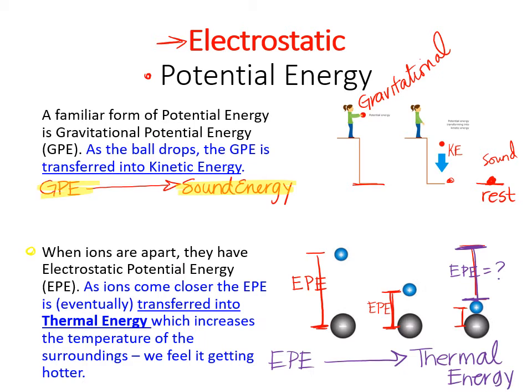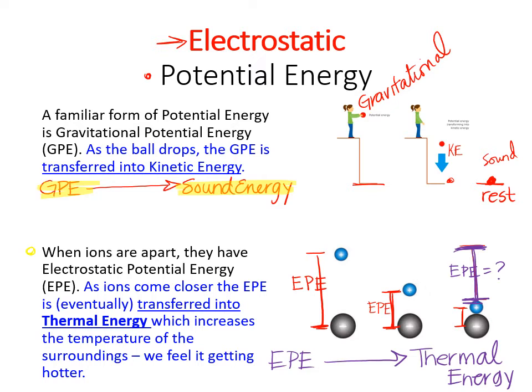And just like it sounds, it has everything to do with temperature. It released all of this energy into thermal energy and raised the temperature of the area surrounding this interaction.